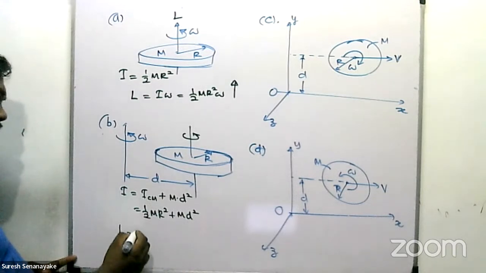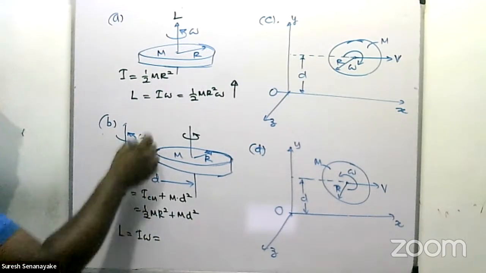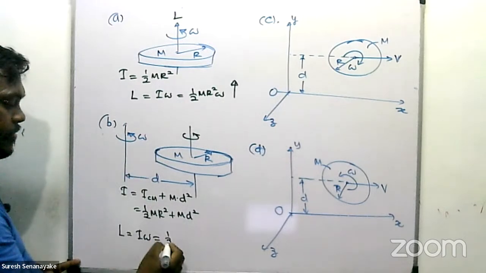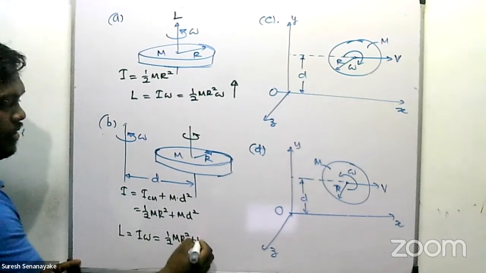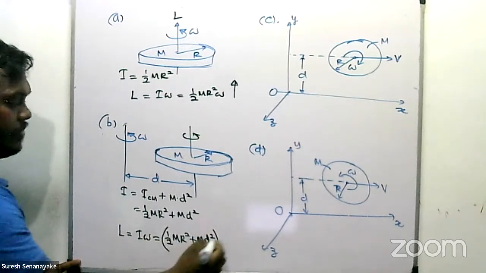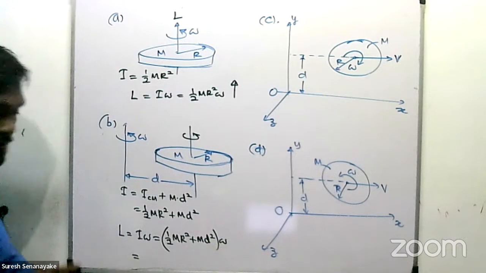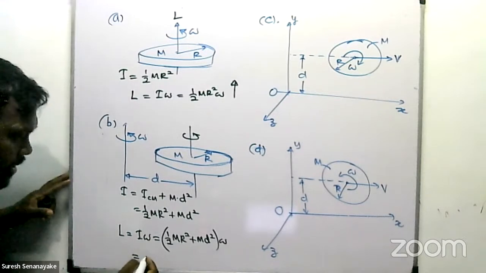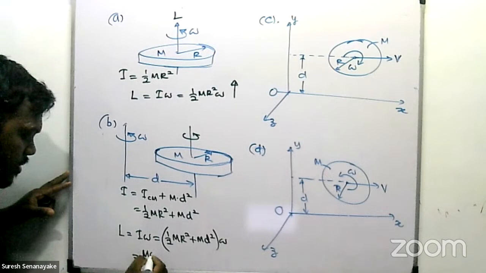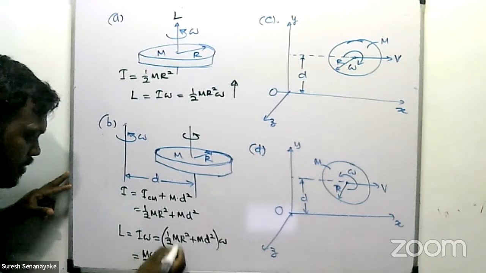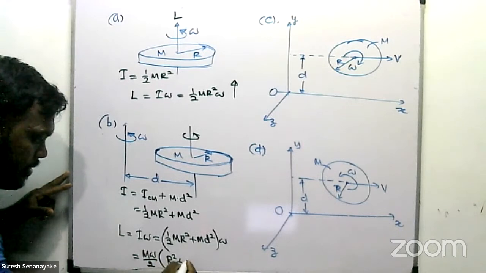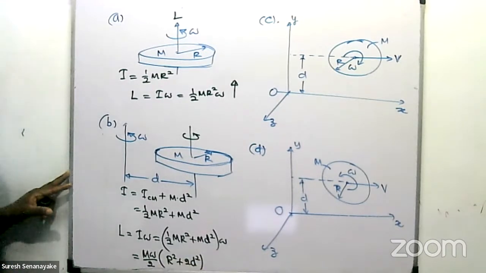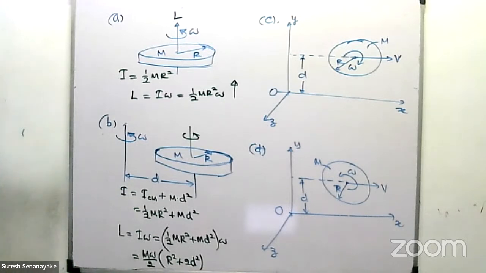So the angular momentum is I omega, because we are given the omega about this axis. That's half m r square plus m d square, times omega. Clear? By simplifying, you can take out m omega over 2, leaving r square plus 2 d square.